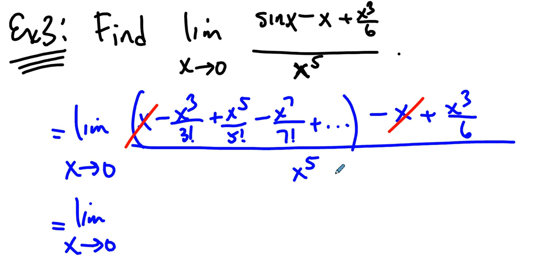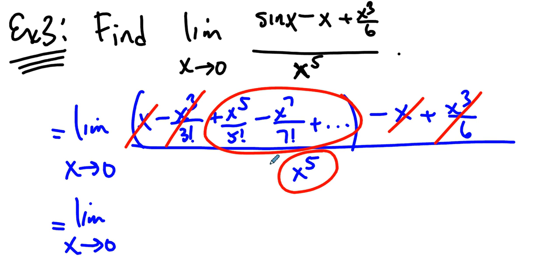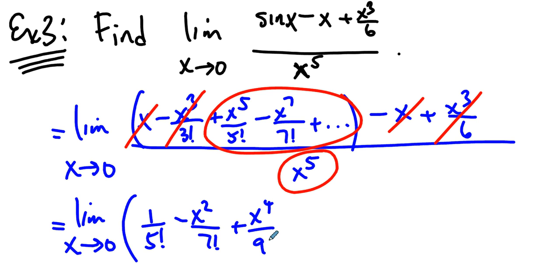The x's cancel, 3 factorial is 6, and you've got all of these terms divided by x to the 5th.